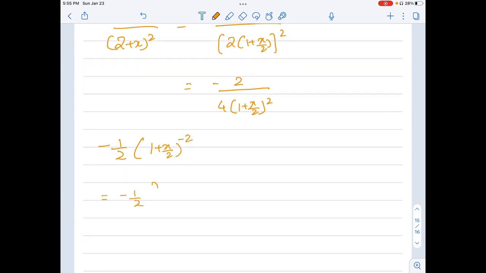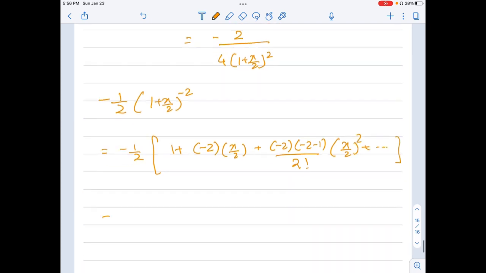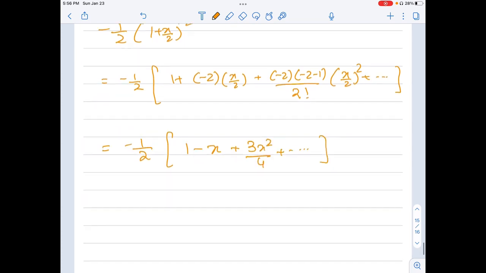So minus 1 upon 2, 1 plus nx plus n into n minus 1 upon 2 factorial x square. So it becomes minus 1 upon 2, 1 minus x, 2 gets cancelled, plus 3x square upon 4. Then simplify it further, minus 1 upon 2 plus x upon 2 minus 3x square upon 8.